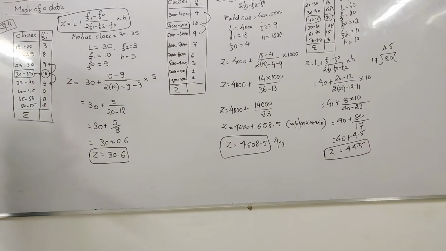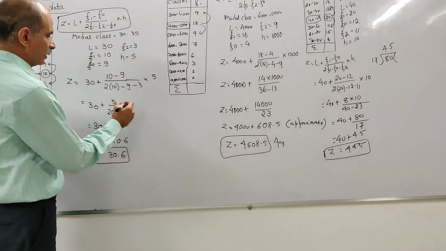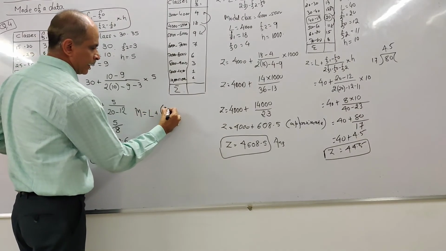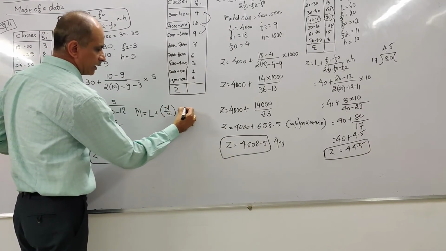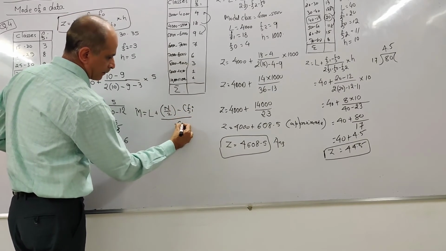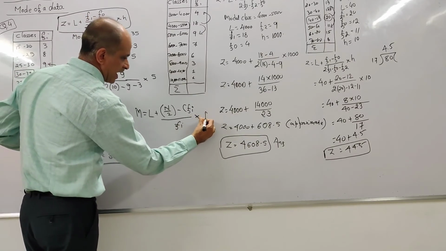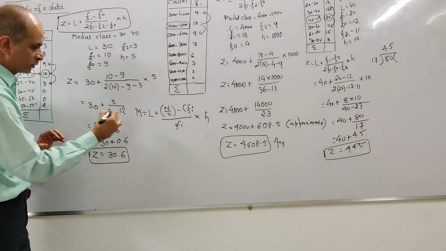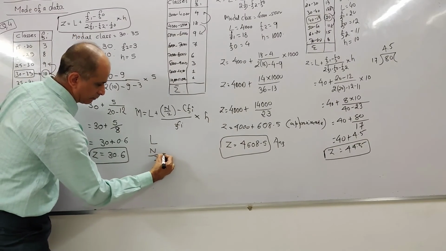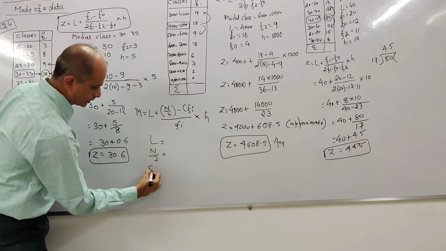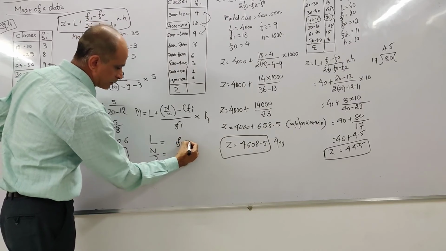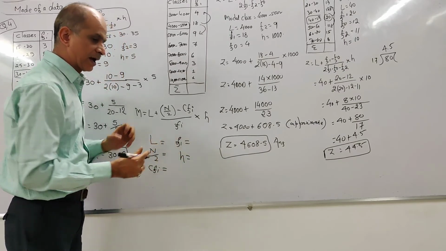You know the median is denoted by M. The formula of M is L plus N by 2 minus CF upon F into H. Here you have to find the value of L, and similarly N by 2, where N means the total number of observations. CF means cumulative frequency, F means frequency, and H means class length.